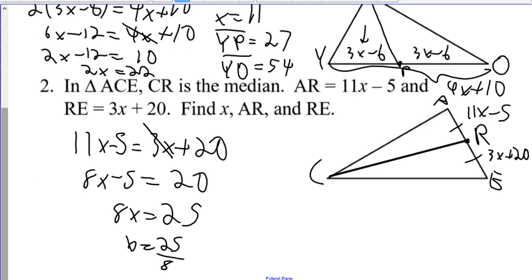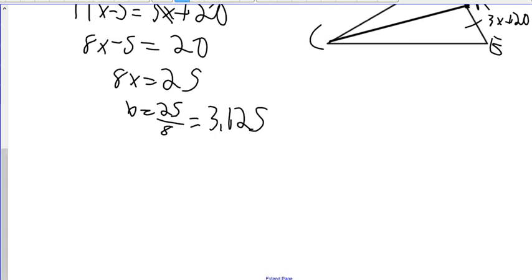Now, it's going to be a difficult thing to plug this into 11x and 3x, because 8 on the bottom is not common with 11 or 3, so we can change this into a decimal. If you divide 25 by 8, you actually get a pretty decent decimal, 3.125. Don't round it, it's only 3 numbers. Now all you do is type in your calculator 3 times 3.125 plus 20.